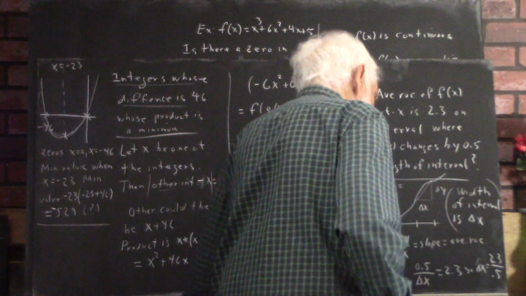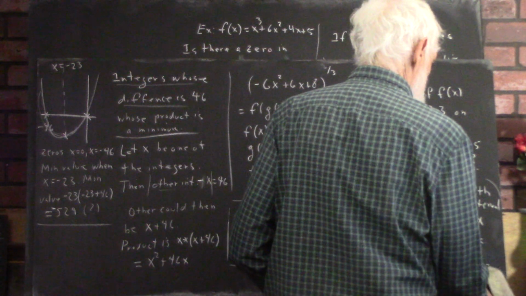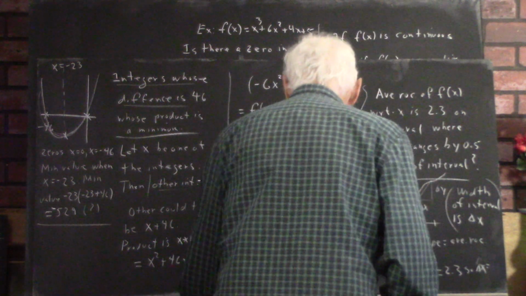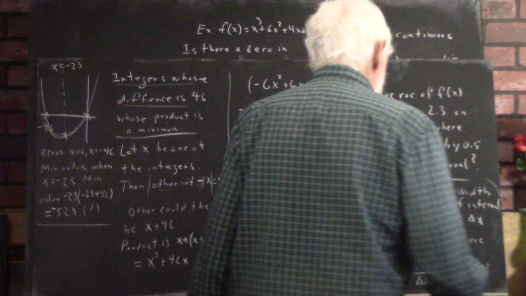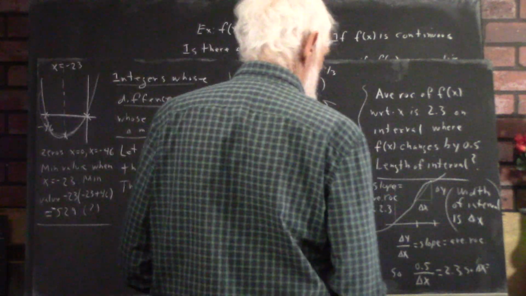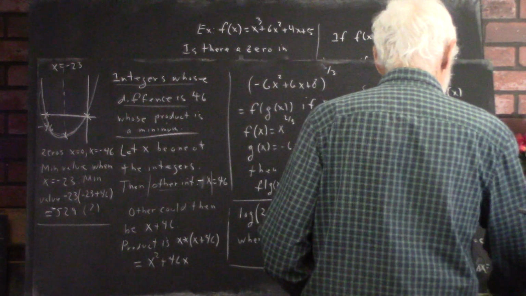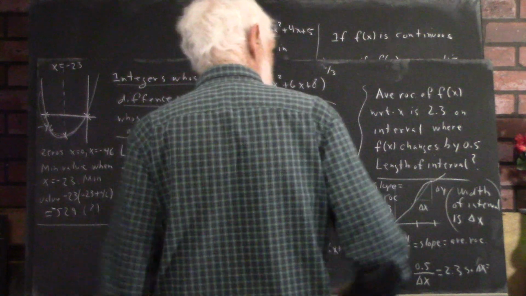and boy, I said it wrong in class, totally wrong. Delta x is 0.5 divided by 2.3, not 2.3 divided by 0.5.